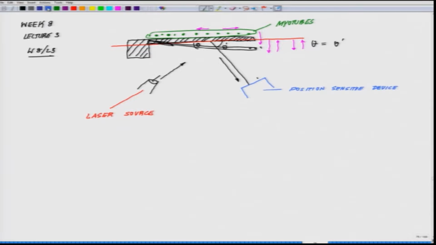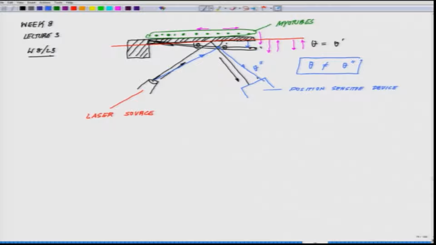Now, during this bending, what will happen? As this will bend, the laser light will go like this and it will bounce back at a different angle, theta double prime. Now, the angle with which it is going is say theta, and the angle you are getting post bending is theta prime, which are not equal.